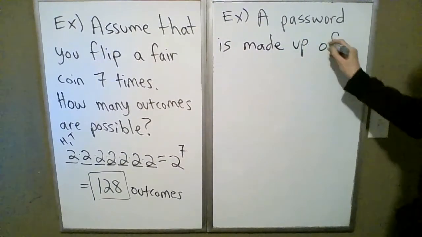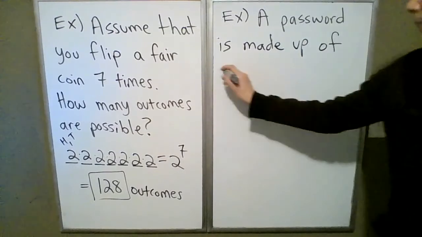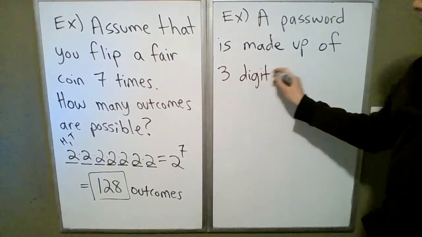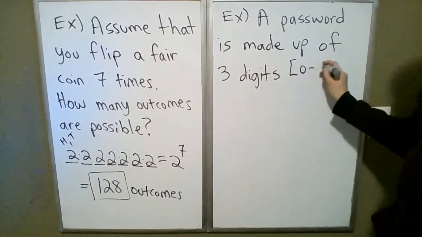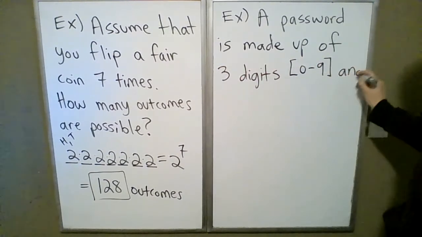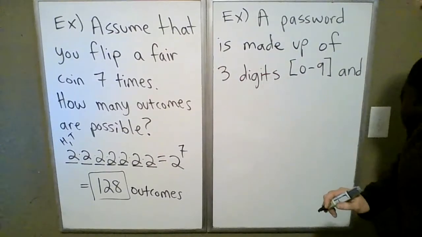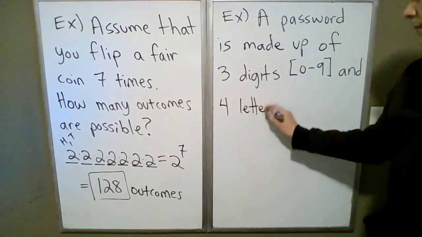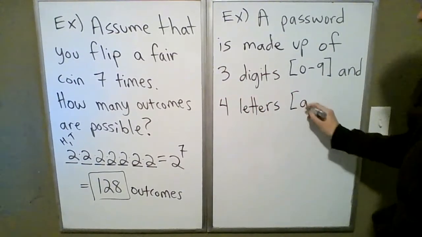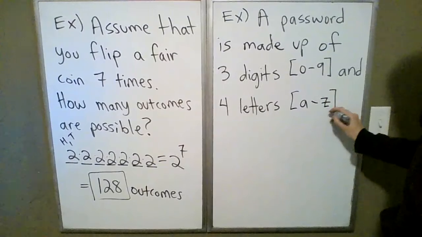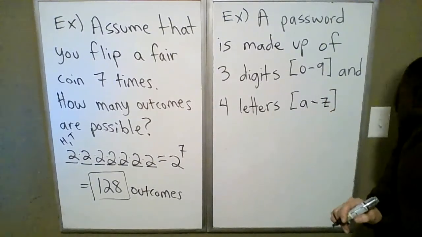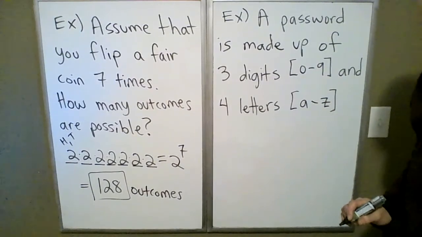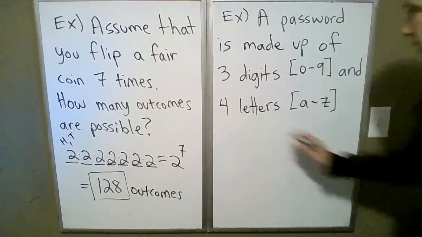Yeah, I guess that's how it's supposed to be worded. Okay, 3 digits, 0 through 9. And 4 letters, A to Z. How many passwords are possible if digits and letters can be repeated?